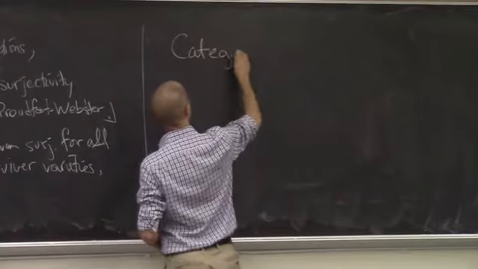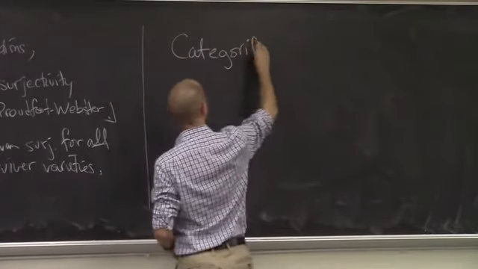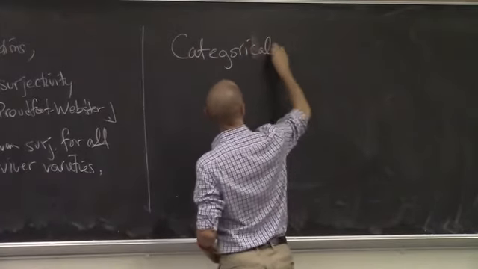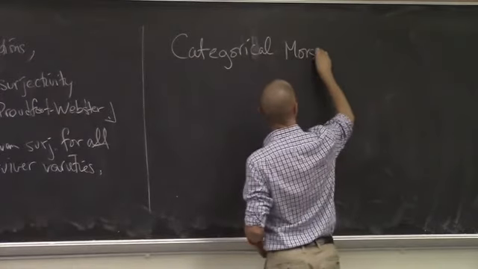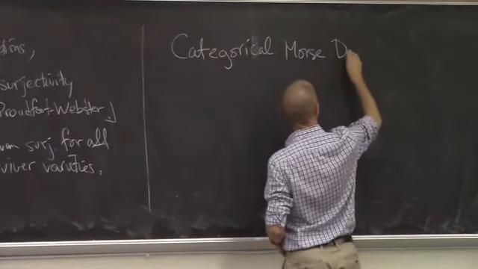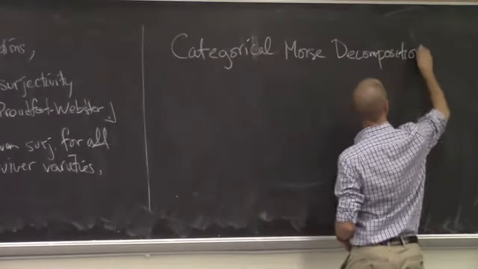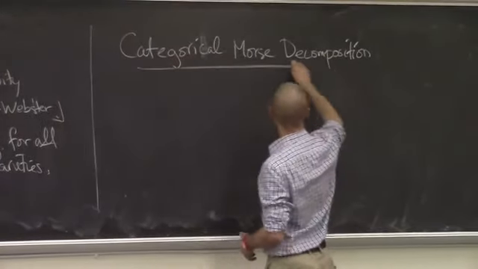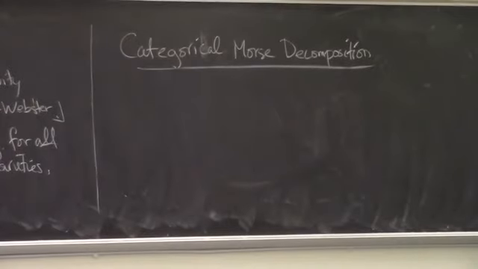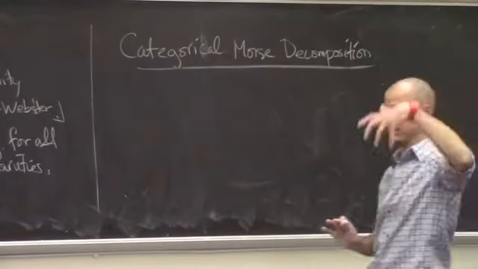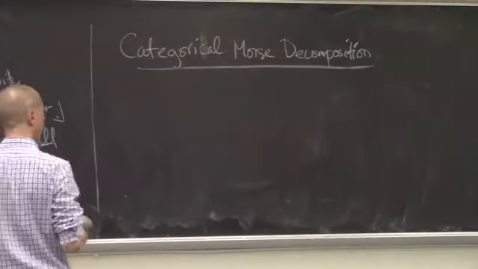Okay, so where does the solution actually come from? I think the real theme of the story is that it's a consequence of some kind of categorical version of Morse decomposition. So what do I mean by that?